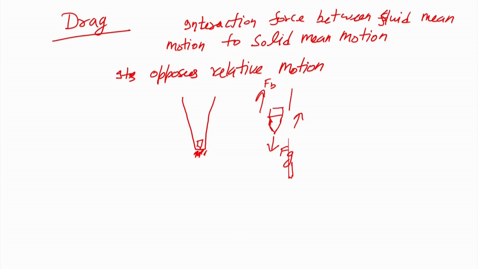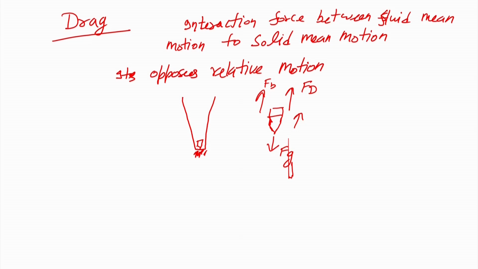The relative motion of the object is towards the downward, the object wants to move downward, while the gas or fluid is moving upward. So, the relative motion is towards the downward once the float is not moving, and that is why the drag will act upward and it will favor the motion of the float. Okay. So, that is drag force.